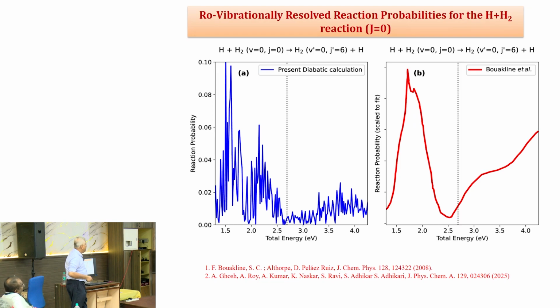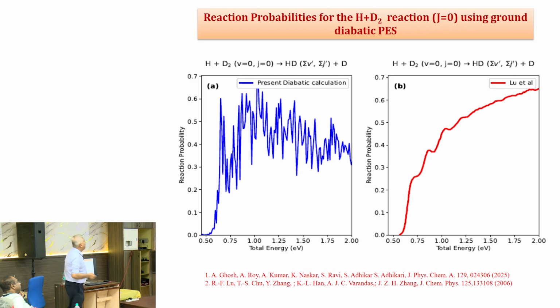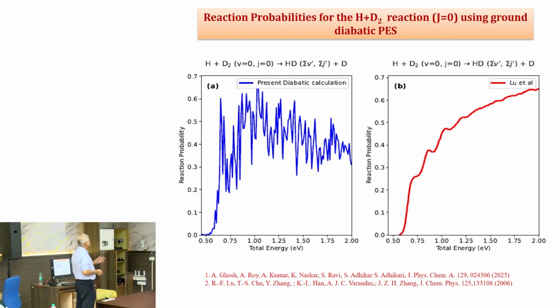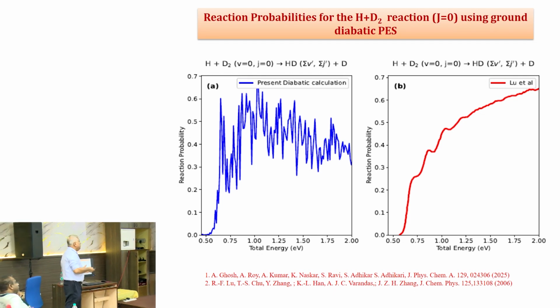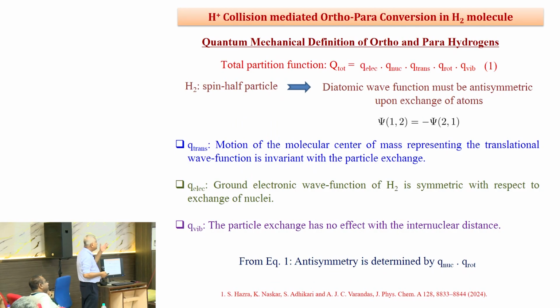This is the Stewart-Althrup diabatic result. Our diabatic is not so accurate, but we do not have a lot of results because the calculations are progressing. Okay, so H plus D2 we also produced, and now the final check is the molecular beam experiment. This is where I will end.